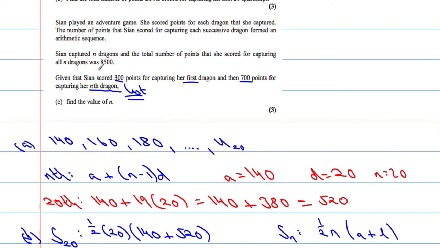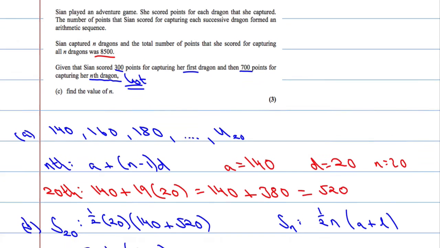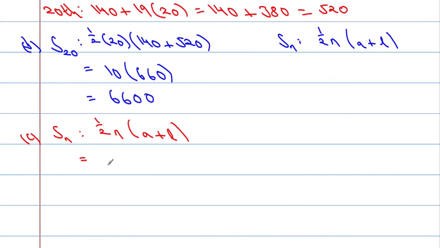We also know that the total number of points is 8,500. So the sum of this series is going to be 8,500, and that's going to be a half n times A, which is 300, plus L, which is 700.